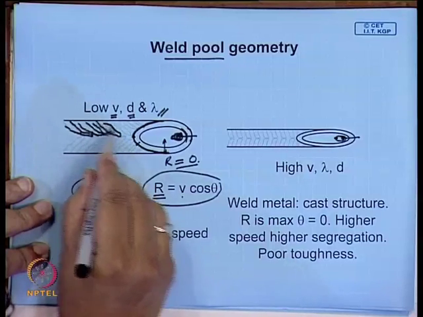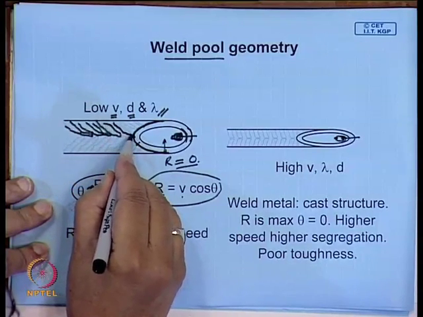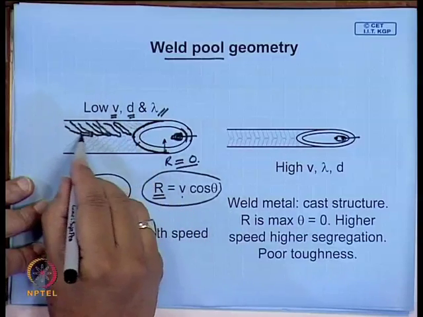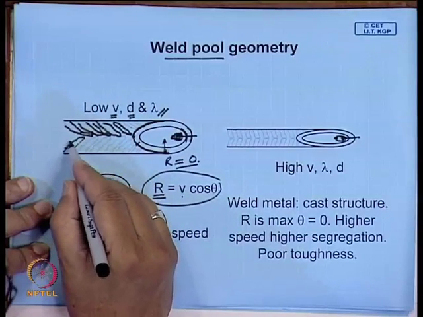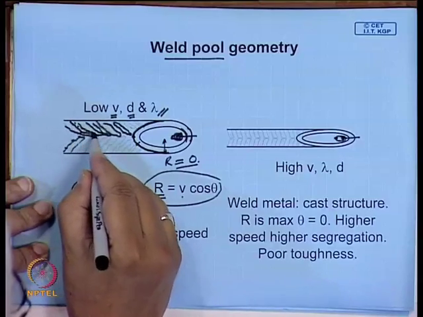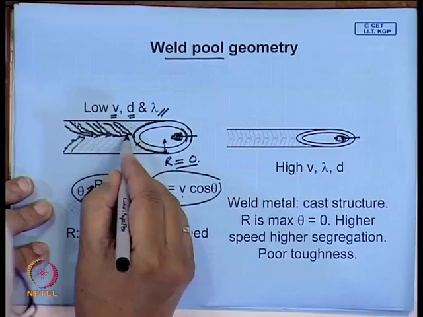They will all be inclined like this, the directions keep on changing, and in fact, in this particular case segregation, if at all it is taking place, will all be distributed.